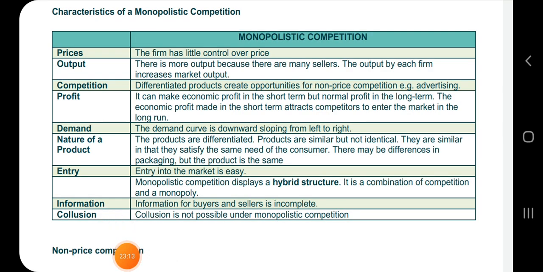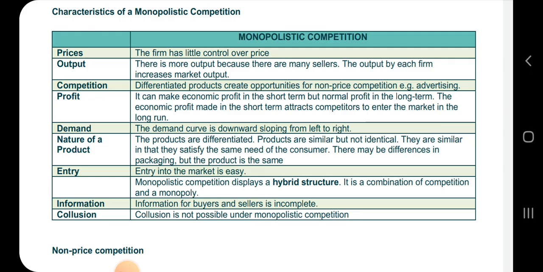Now we are on the third imperfect market, monopolistic competition. Now, price. The firm has little control over price in monopolistic competition. Output. There is more output because there are many sellers. The output by each firm increases the market output. Competition: firms differentiate products to create opportunities for non-price competition.